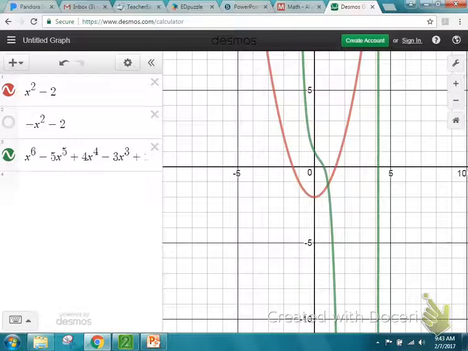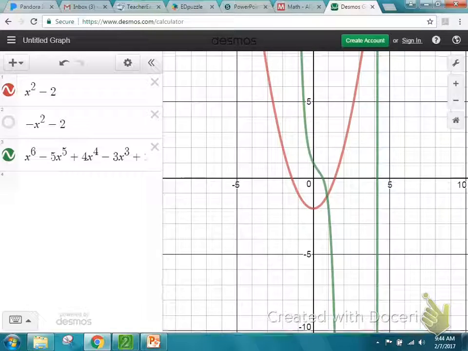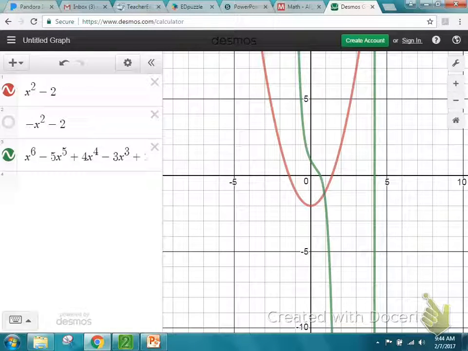I'm making this one ugly on purpose. An ugly, ugly fraction.